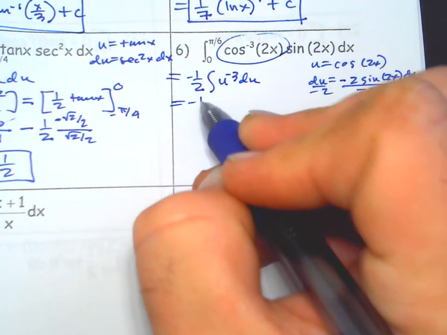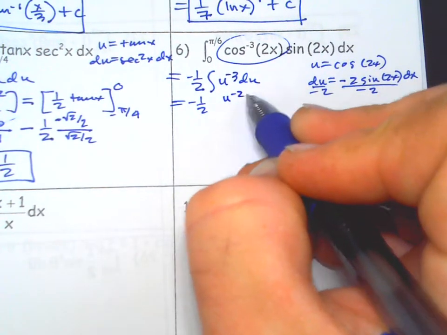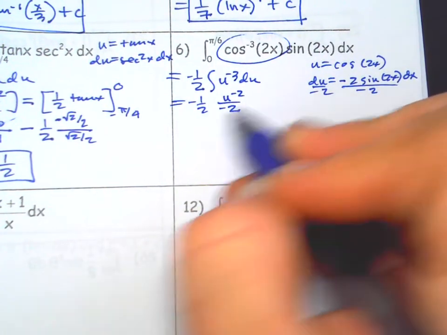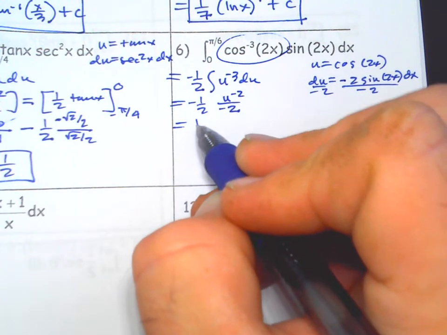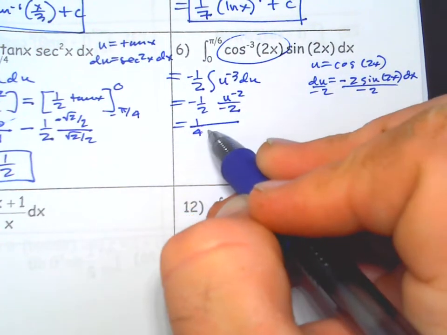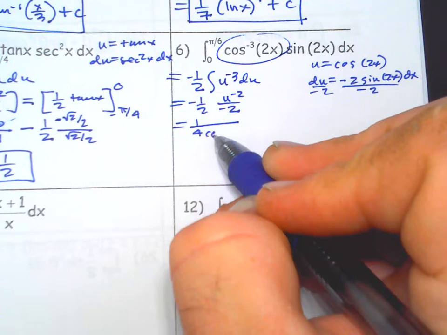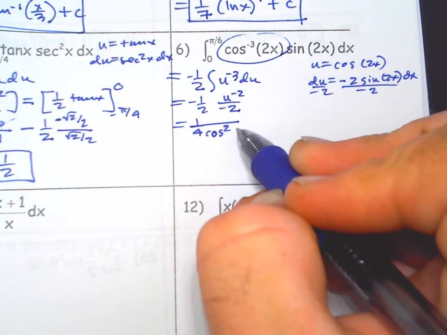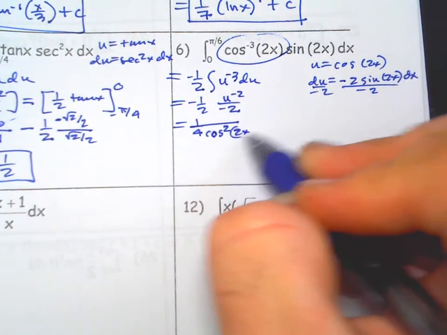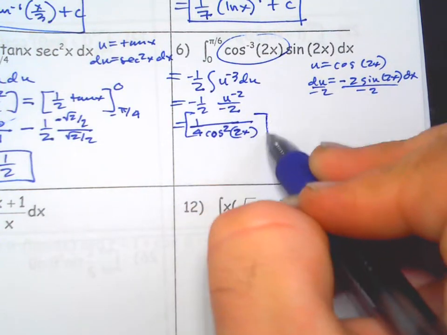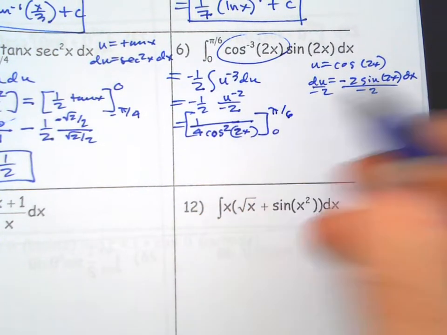So it's going to be negative 1/2 u to the negative 2 over negative 2. So it's going to be positive 1 over 4 cosine squared 2x, from 0 to pi over 6.